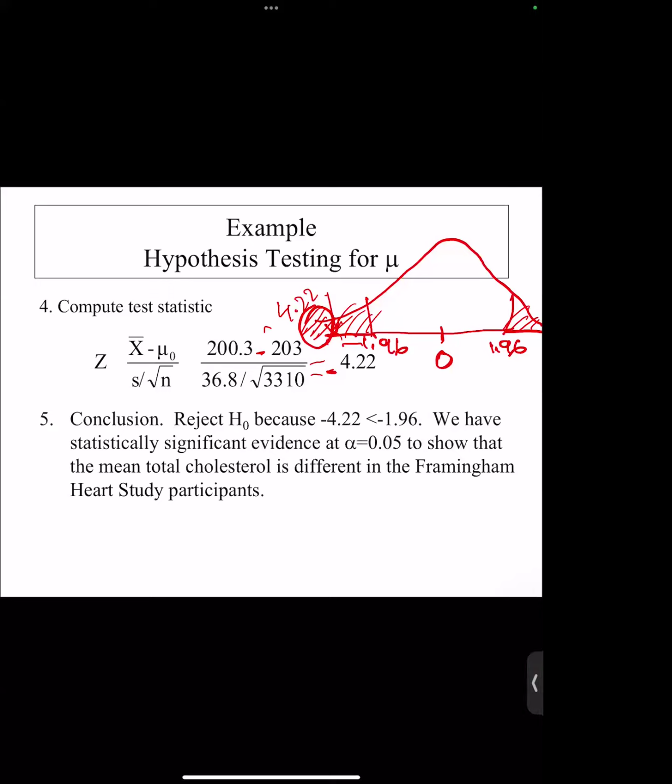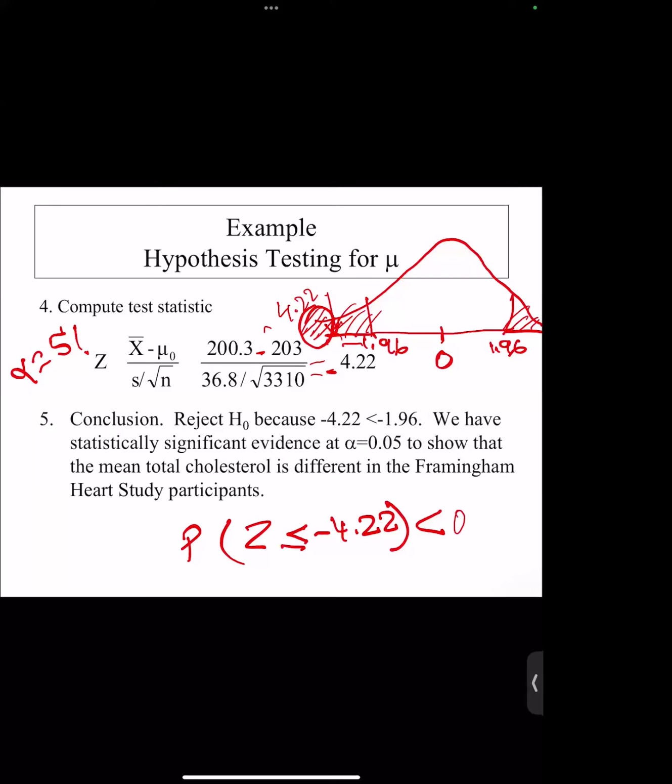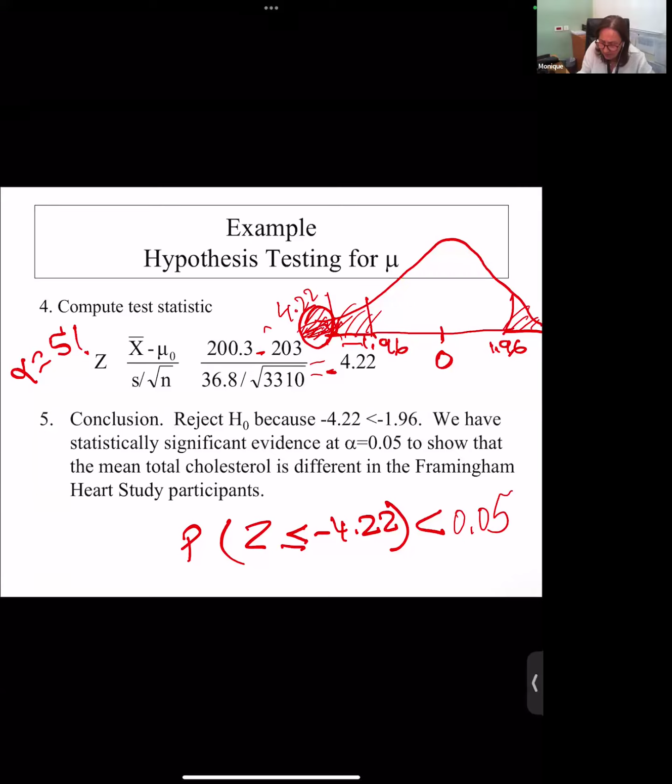Is the probability of Z less than or equal to minus 4.22 less or equal to 2.5% or 5%? We said alpha is 5%, right? Is it less, equal or greater? Speak up. It is less. Look at it. It's in the small area.